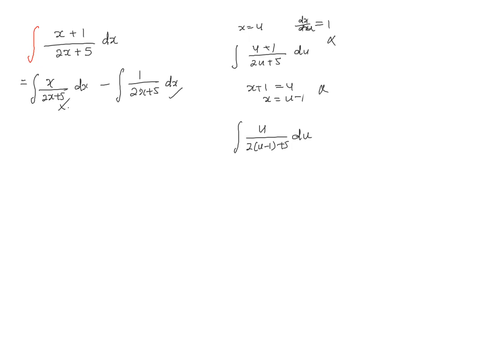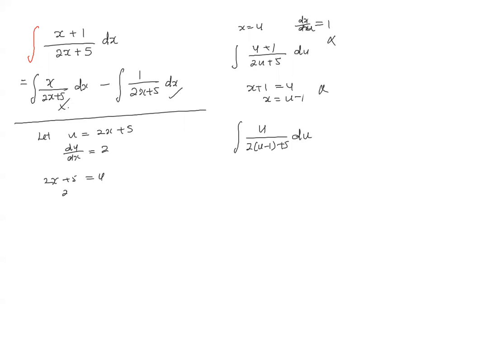Someone say like that. If I let u be equal to 2x plus 5, so my du over dx will be equal to 2, correct? Okay, so now 2x plus 5 is equal to u.